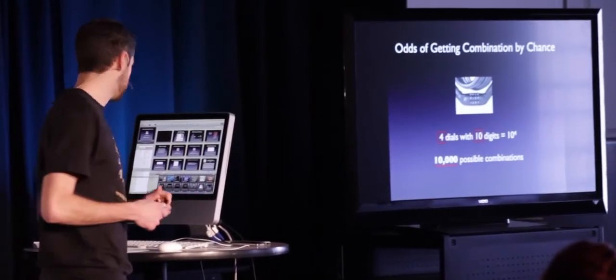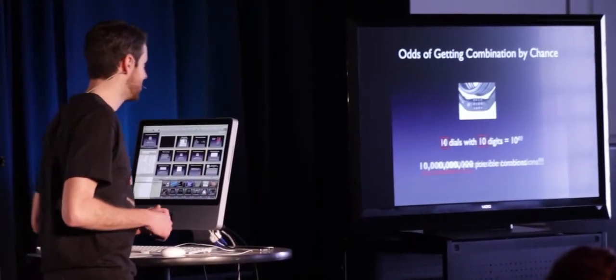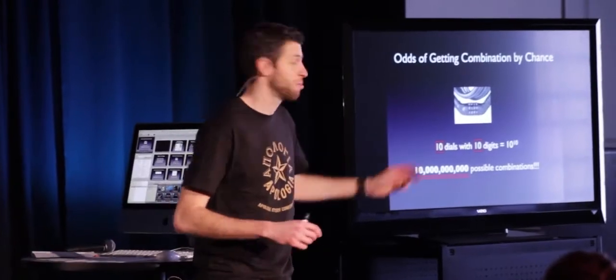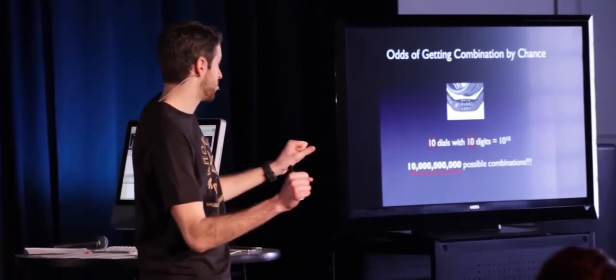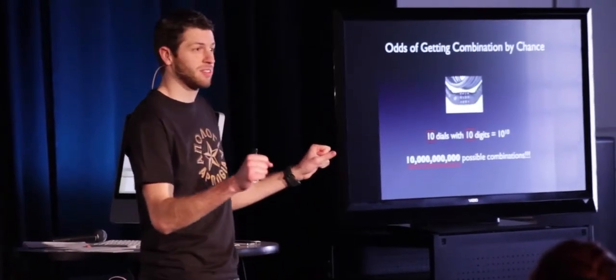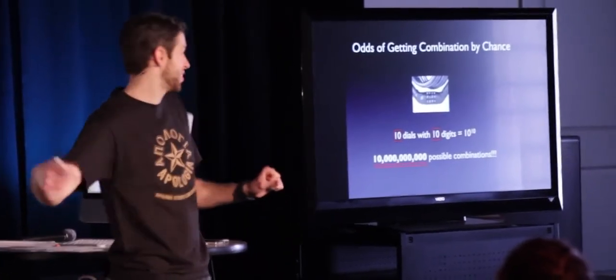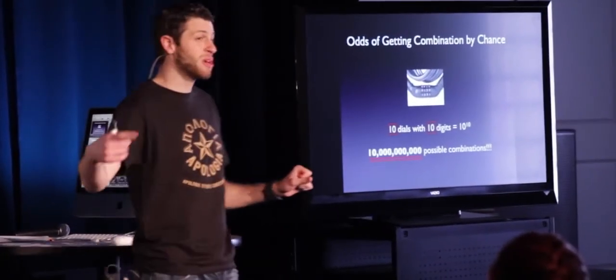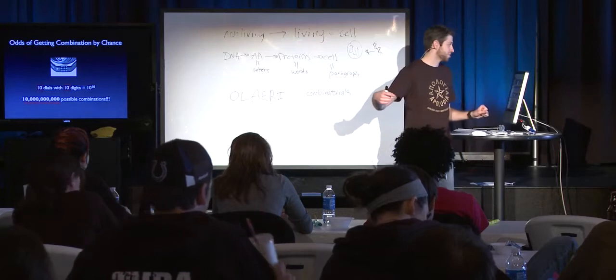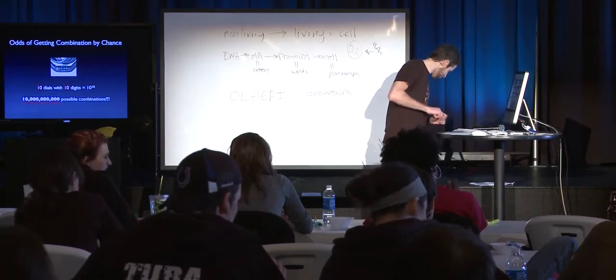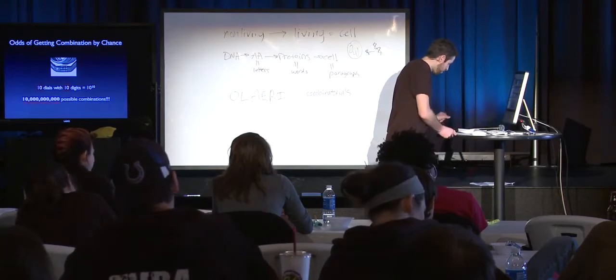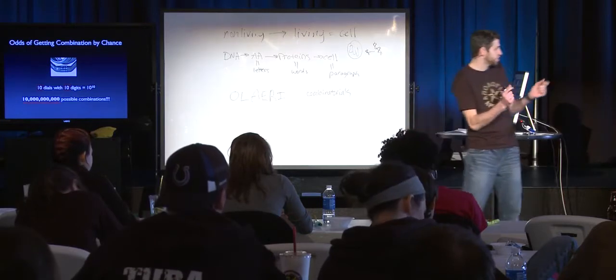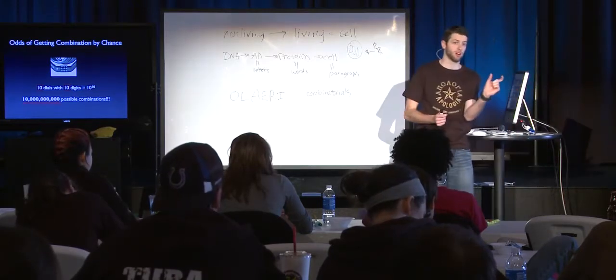Well, what about if you increase that to 10? So my picture doesn't work, but let's say it's now a 10-combination bike lock. Well, that's 10 times 10 times 10 all the way out to the 10th. That's 10 billion combinations, right? So we've gone from just changing the number of digits from 4 to 10.